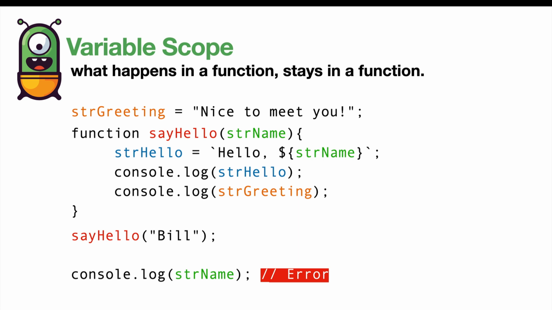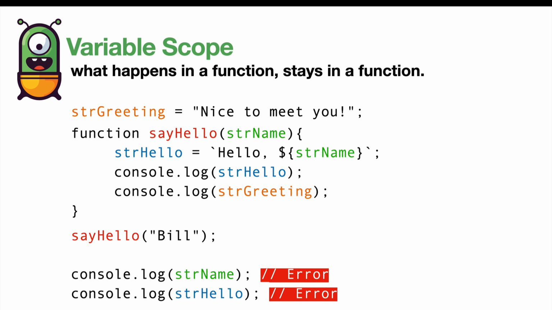That includes both parameters and variables that were declared inside the function. So strHello and strName are not available to me outside this function, and if I try to access them, it will result in an error. So that is variable scope and how it works with functions.